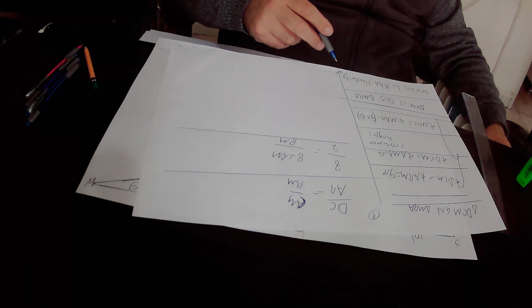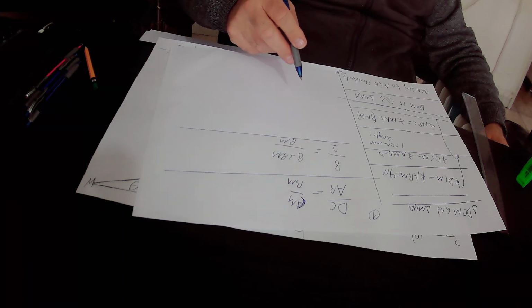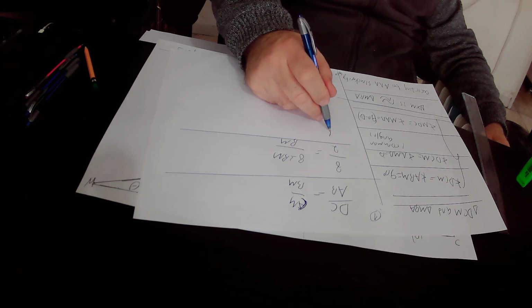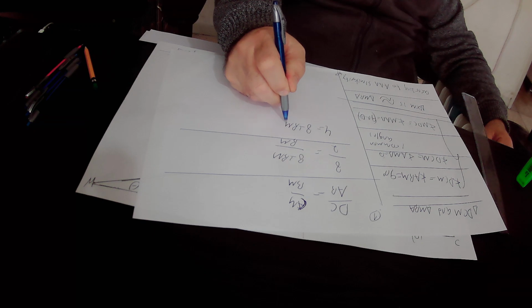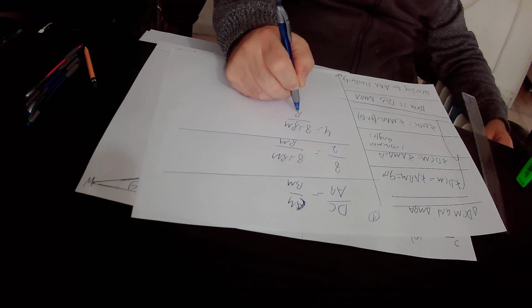We found that 8 over 2 equals 8 plus BM over BM. 8 over 2 is 4, so 4 equals 8 plus BM over BM.